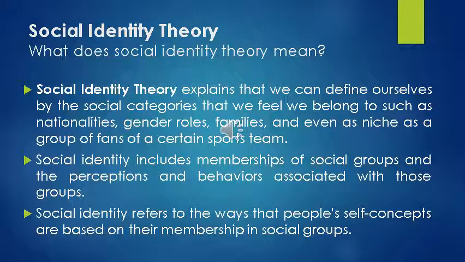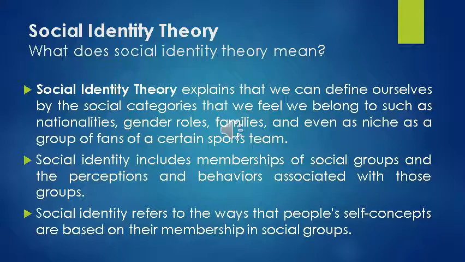First, social identity theory explains that we can define ourselves by the social categories that we feel we belong to, such as nationalities, gender roles, families, and even niches, such as a group of fans of a certain sports team.